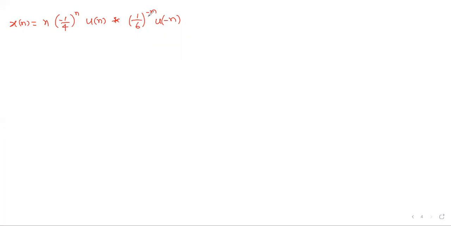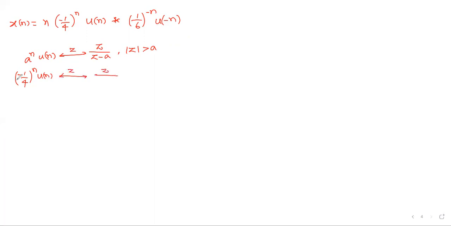So whenever you see this minus, remember that we need to apply the time reversal property, because minus n is there. Now first I will write a power n u of n z transform is z by z minus a, mod z is greater than a. Now minus 1 by 4 whole power n into u of n, what is the z transform?